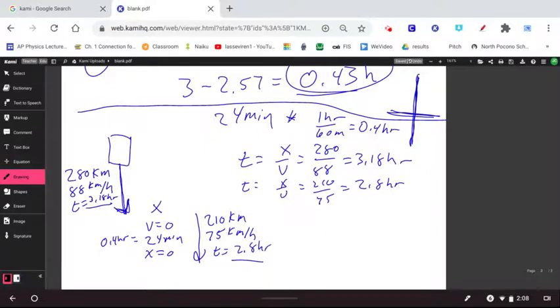So our total time is going to be about 6.4 hours, 6.38 hours.